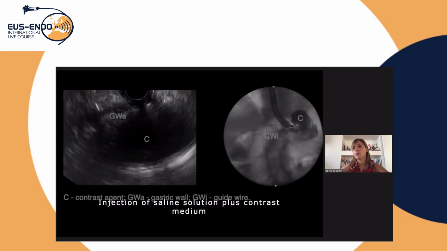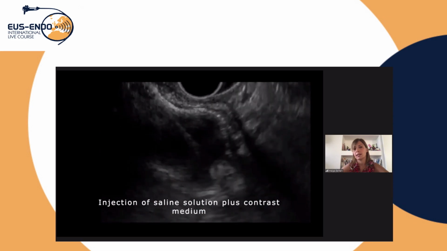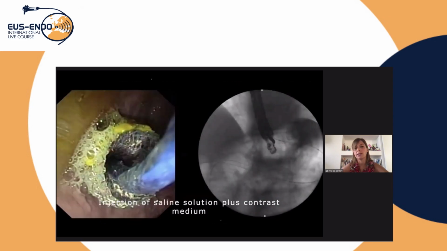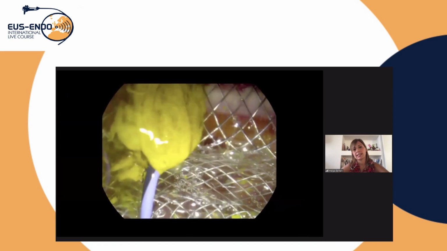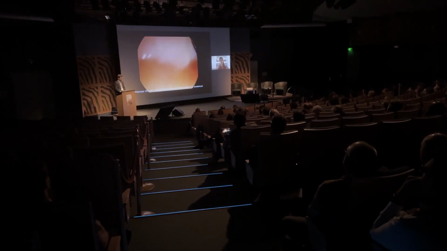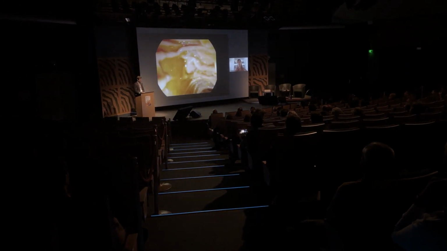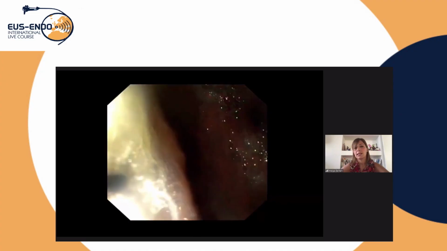Under X-ray, we can see the excluded stomach, and we insert the guide wire, and through the guide wire we insert a LAMS. Then we dilate the stent in order to introduce the duodenoscope, and then through the stomach reach the excluded stomach, reach the second duodenum, and perform ERCP in a standard way.